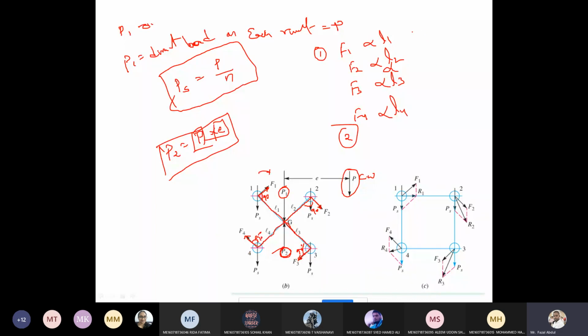So based on the first assumption, if we take these two above equations, you can write the first equation as F1 by L1, from this one F2 by L2, this one F3 by L3, from this one F4 by L4.